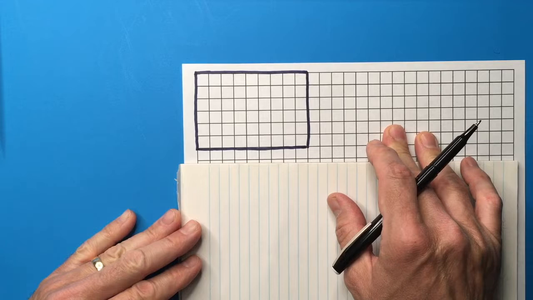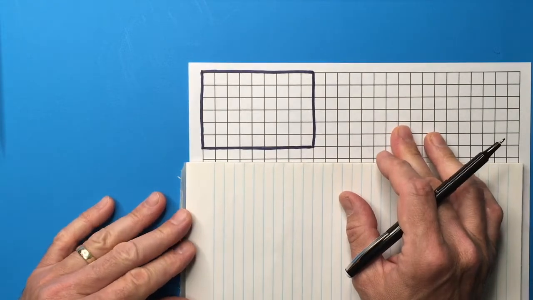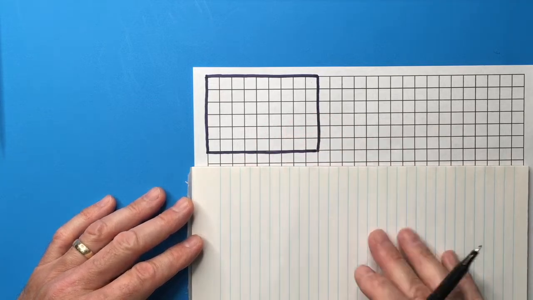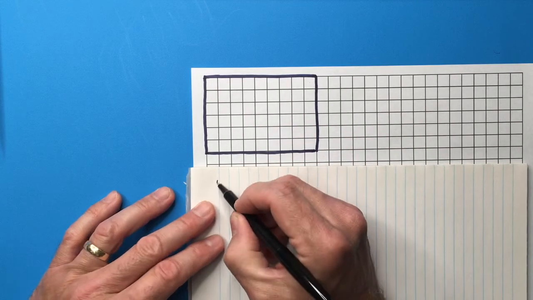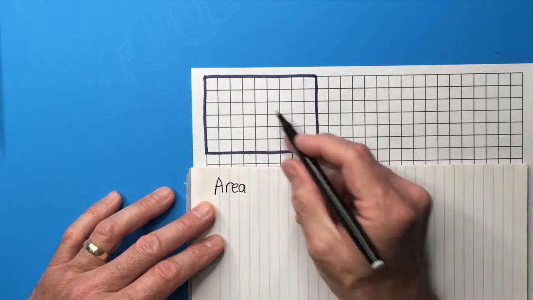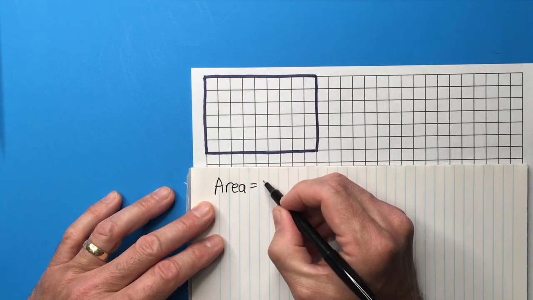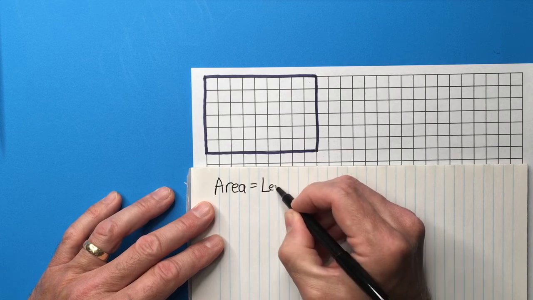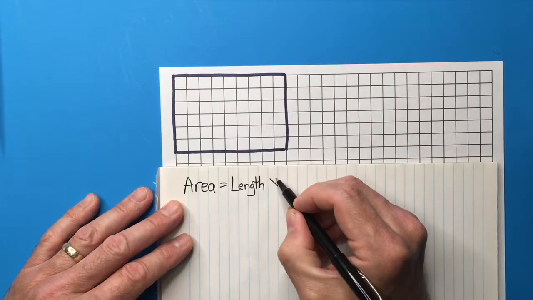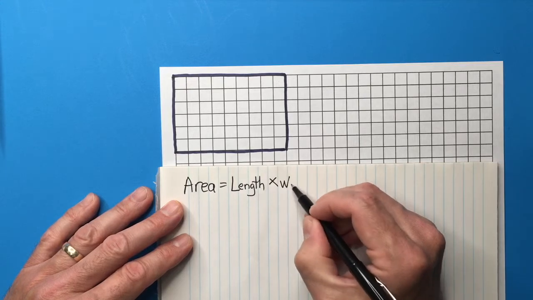But if you know about multiplication, multiplication can help you figure this out a lot quicker. So the area of this rectangle here is the length times, there's our times sign, width.